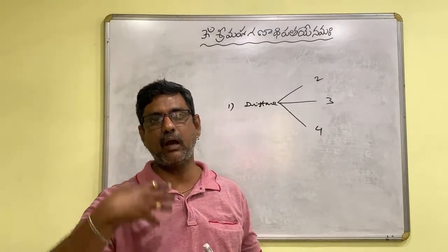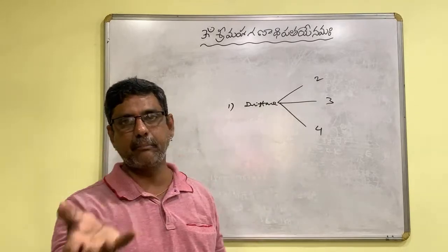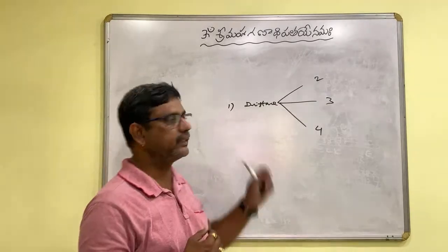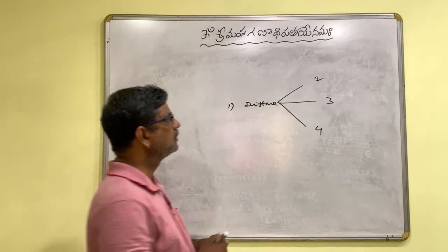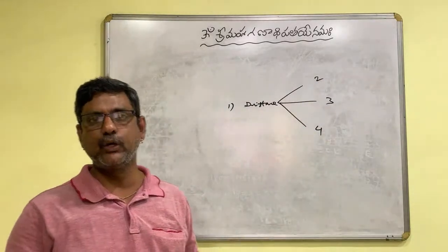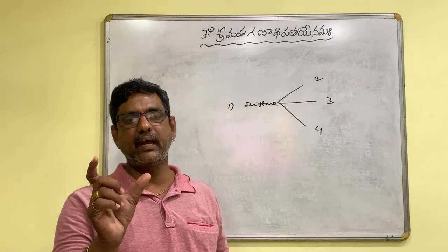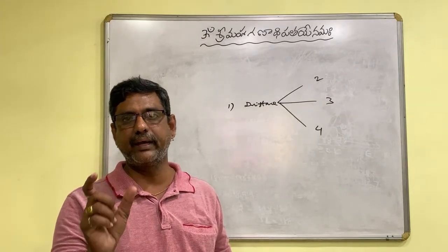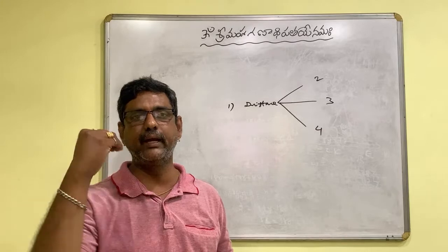Applying distance formula on 2 points, 3 points, 4 points. That is the concept. 2 points, see, according to Euclid we can draw a line passing through any 2 points.